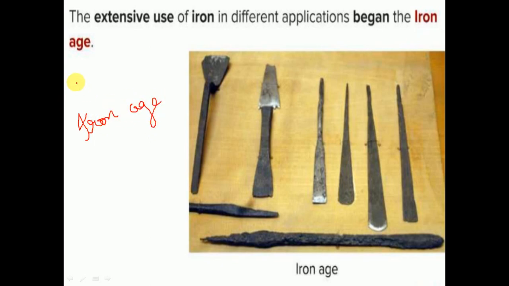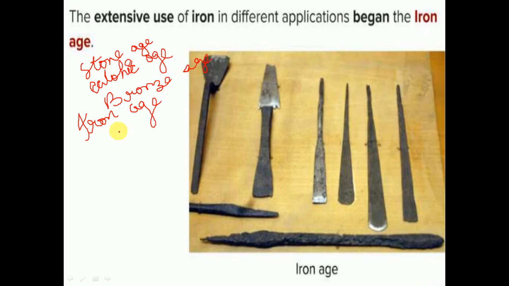So what have we covered so far? We started with the Stone Age, where people were using stones to make their weapons, and then we covered the Chalcolithic Age, and after that we discussed the Bronze Age, which was made up of copper and tin, and finally it was the time of the Iron Age.